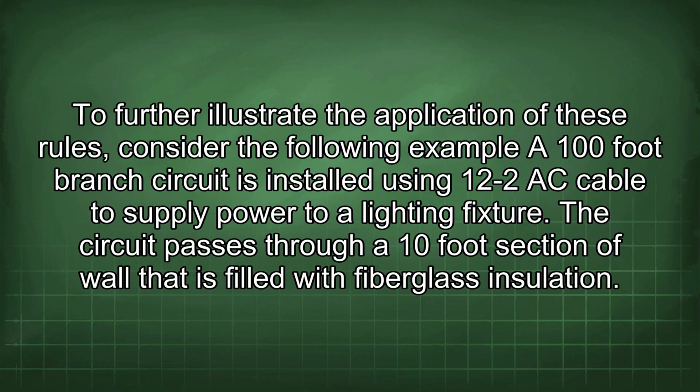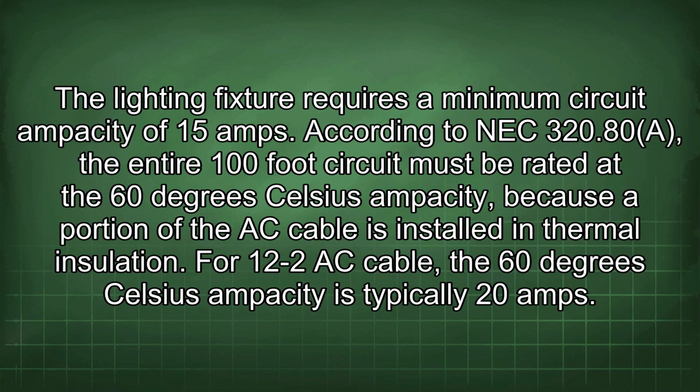To further illustrate the application of these rules, consider the following example. A 100-foot branch circuit is installed using 12-2 AC cable to supply power to a lighting fixture. The circuit passes through a 10-foot section of wall that is filled with fiberglass insulation. The lighting fixture requires a minimum circuit ampacity of 15 amps.